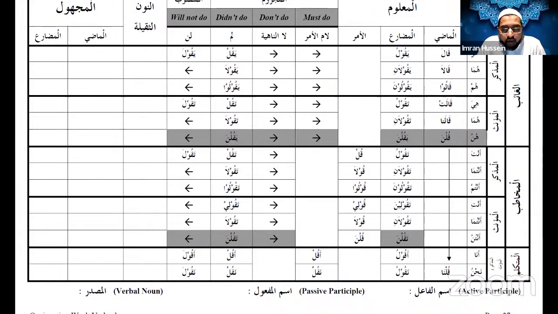Bismillah, Sister Tahira, present tense now. Yazuru. So present tense will be, I'll do it first, so that becomes easier. Yazuru, yazurani, yazuruna, tazuru, tazurani, yazurna. Tazuru, tazurani, tazuruna, tazurina, tazurani, tazurna. Azuru, nazuru. Bismillah.